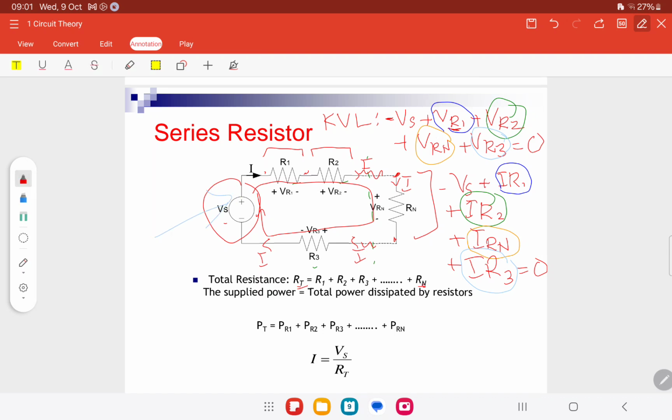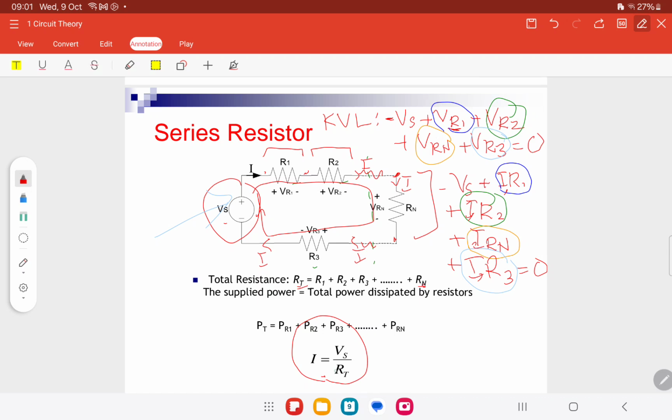Okay, alright. So this is for series resistor. Series resistor it is very simple, sebab current dia akan flow, yang flow tu sama je. Okay, and then bila kita nak solve macam ni, I dia kan sama semua ni kan, so kita boleh faktorkan dia. Kan? Alright. So bila kita faktorkan all I kat luar, dia boleh jadi macam ni nanti.